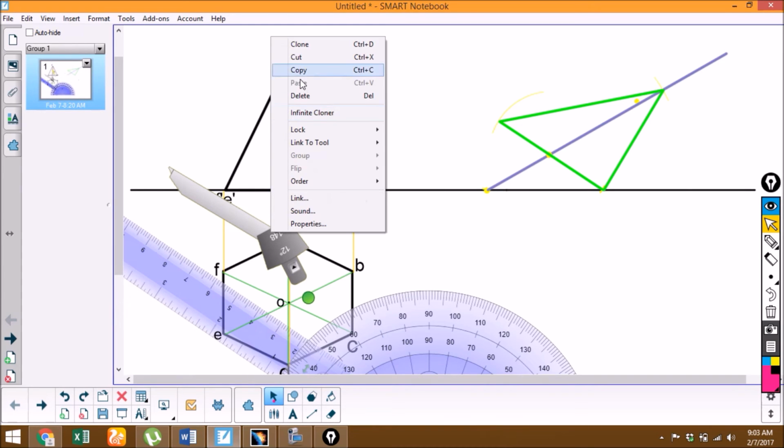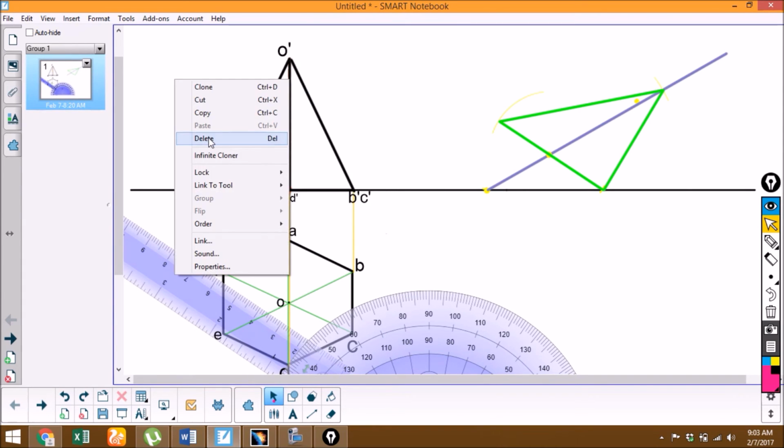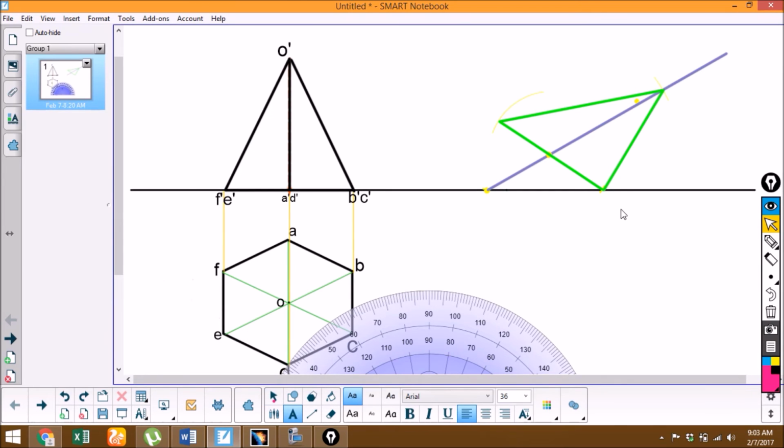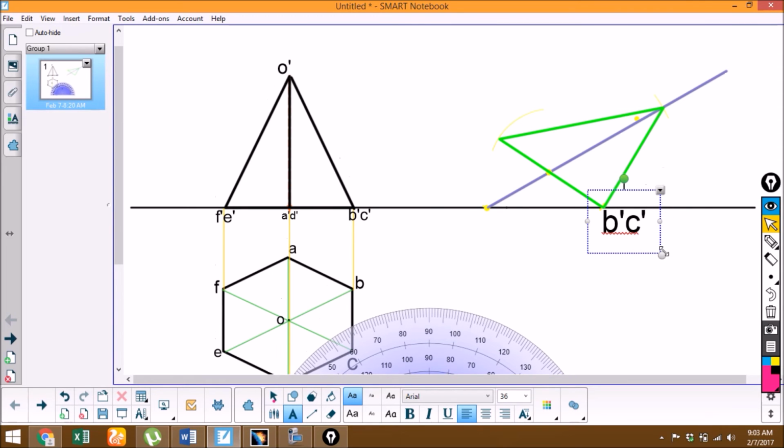Now give the alphabets, that is A dash, B dash, like that, F dash, C dash, then finally O dash also. Once we complete the front view of this second step, we need to draw the projector lines in order to complete the top view also.